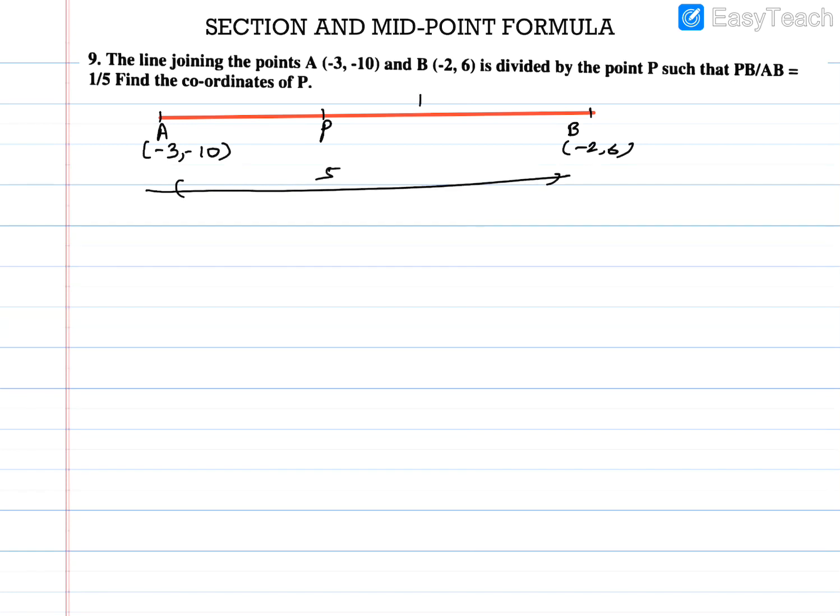Now AB is 5, PB is 1, so then this will be 4. So we will obtain the coordinates of P now, Px, Py by section formula.